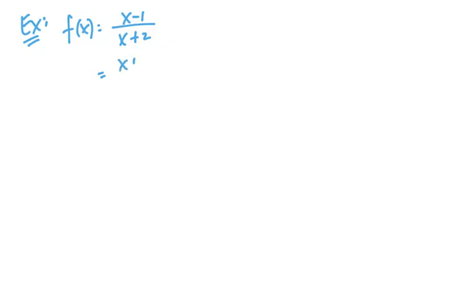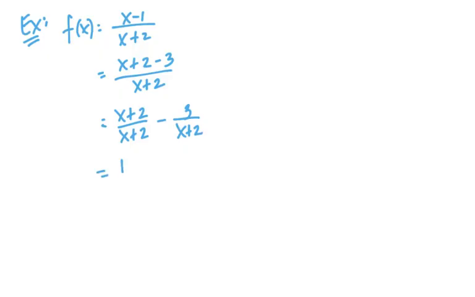So let's say x plus 2 minus 3 over x plus 2. Do you see that that's a true statement? 2 minus 3 is still negative 1. So we can split that into x plus 2 over x plus 2 minus 3 over x plus 2. Well, this is the number 1 minus 3 over x plus 2.